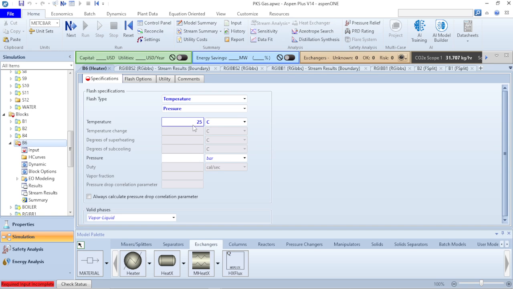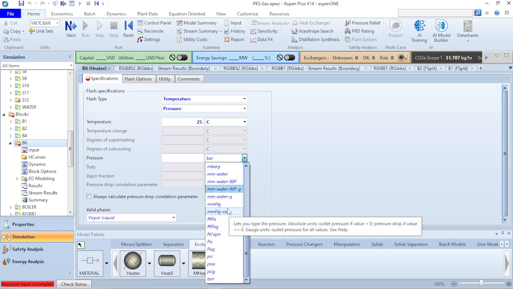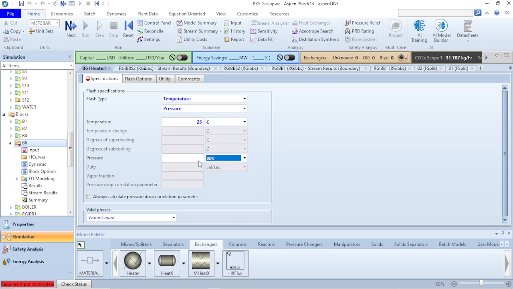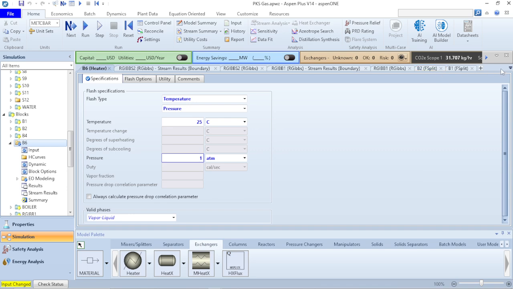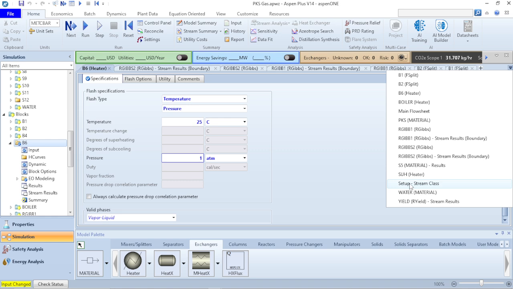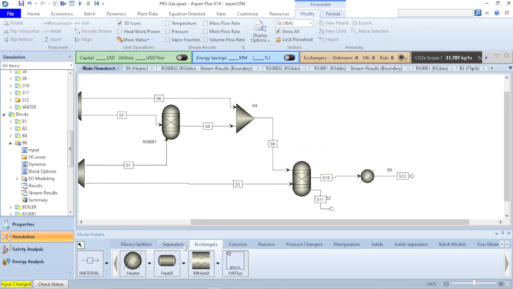I'm going to cool it down, and then we bring the pressure to atmospheric condition, 1 atm, so make it 1. And then the next thing is a separator.